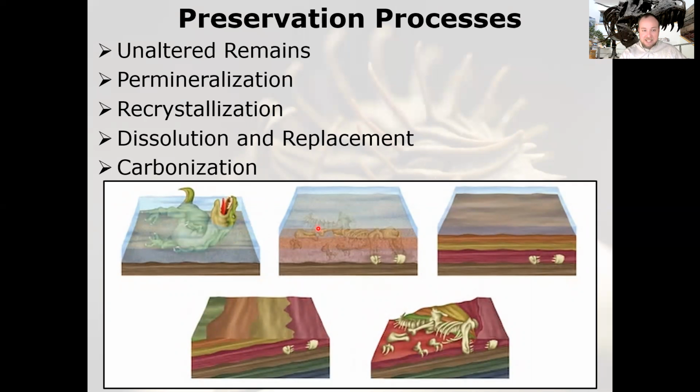The animal dies, it sinks to the bottom or it lays on the bottom, and it's slowly buried, and the skeleton's buried as bone. The layers build up over time. They might even be tilted in this case here. And eventually the sediments erode away and we might be able to see the bones here and analyze the fossil.